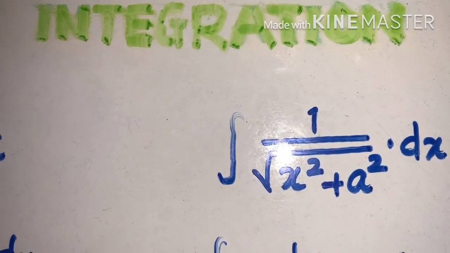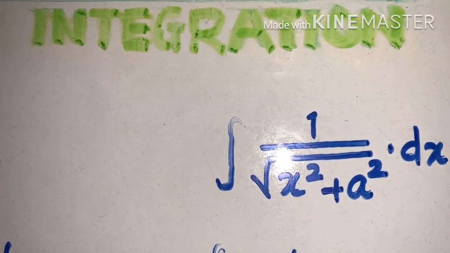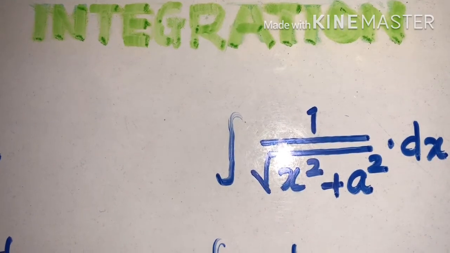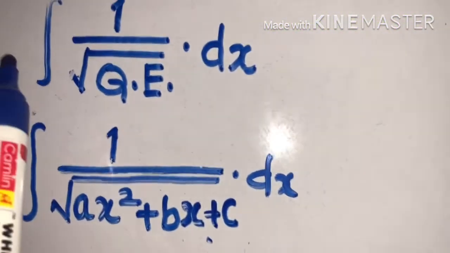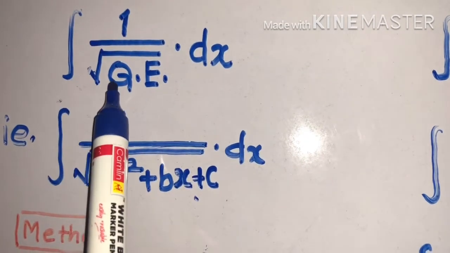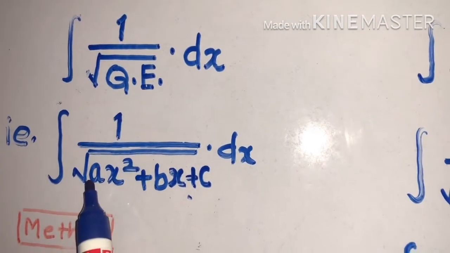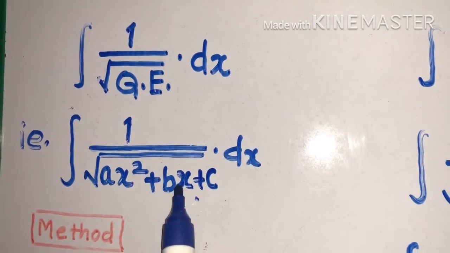Hello everyone. Now we are going to take the next type in integration, that is integration of 1 upon root quadratic equation. Quadratic equation means ax square plus bx plus c.